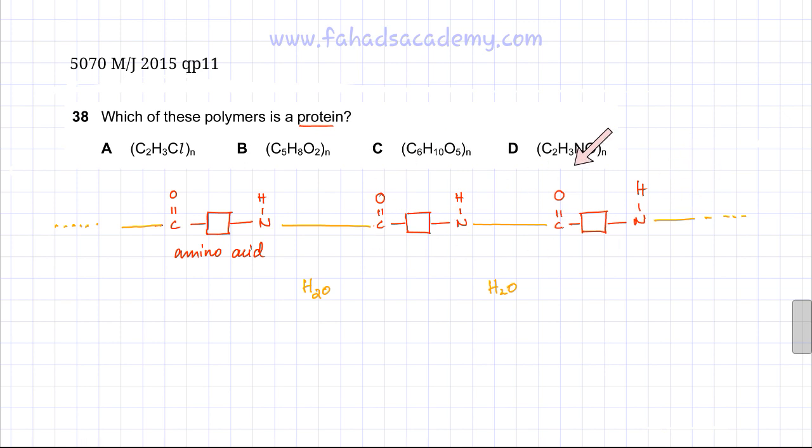The short form of writing this is that you pick this group, your smallest repeat unit, and you write an n over here. This would indicate that the same thing repeats again and again, and it ends up forming a very, very long chain of a polymer, which is called a protein. So these brackets and n represent that.